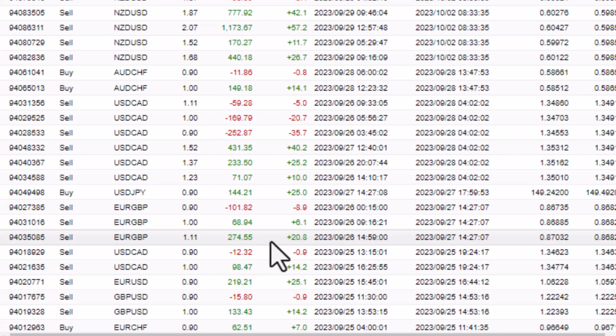So let's go and look at what the dollar effect was and what the pip effect was. What we need to do is add those 3 together. I'm just going to do this on my calculator, literally. I'm going to start here, 274 plus 68 above it, and then less 101, and I get to a figure of $241.